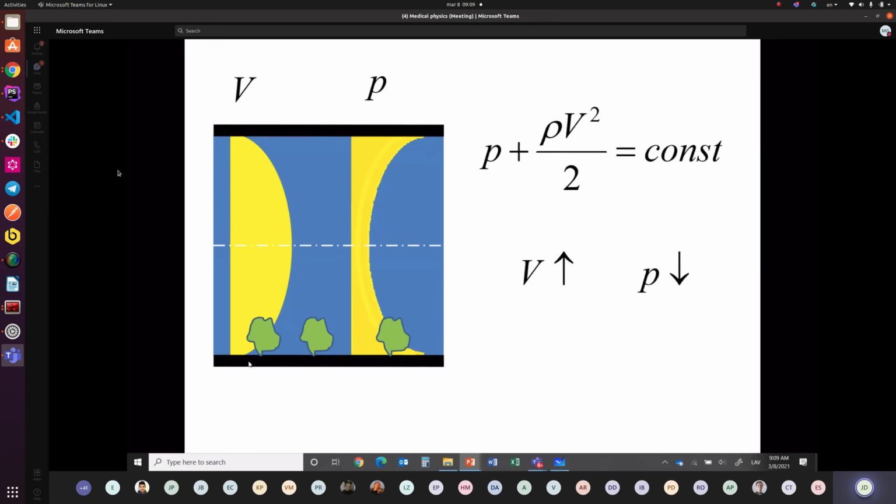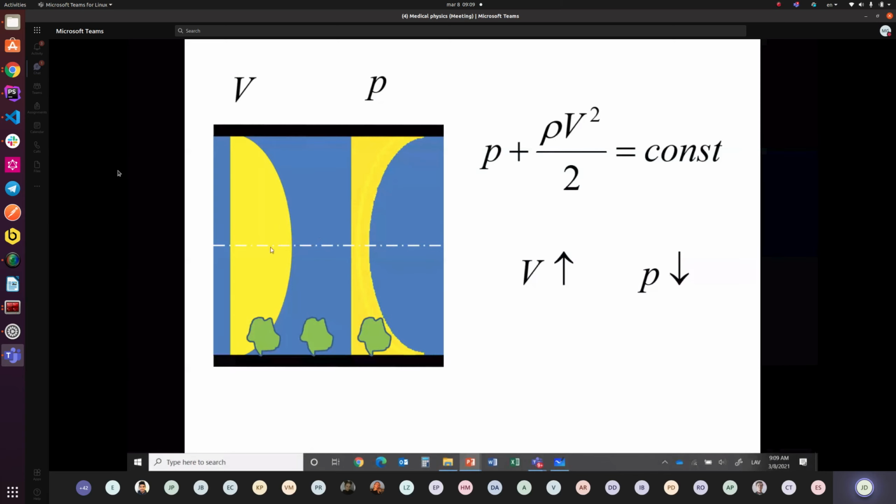This is rather dangerous because the first layer of particles is covered by the next one, and finally the blood vessel cross section can become smaller. That is dangerous for the patient's health.